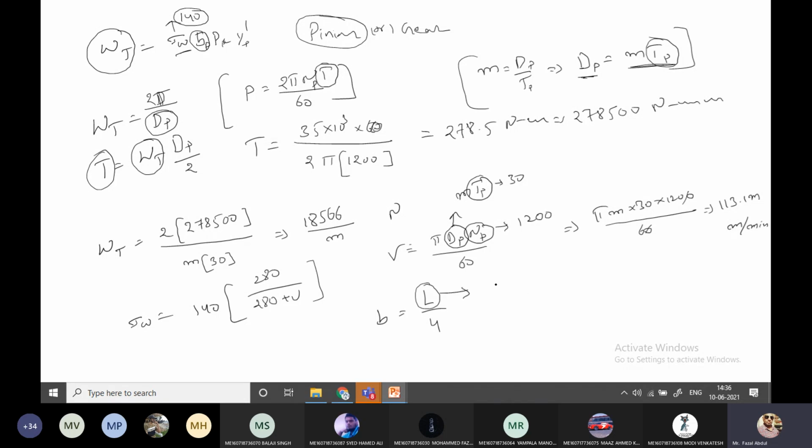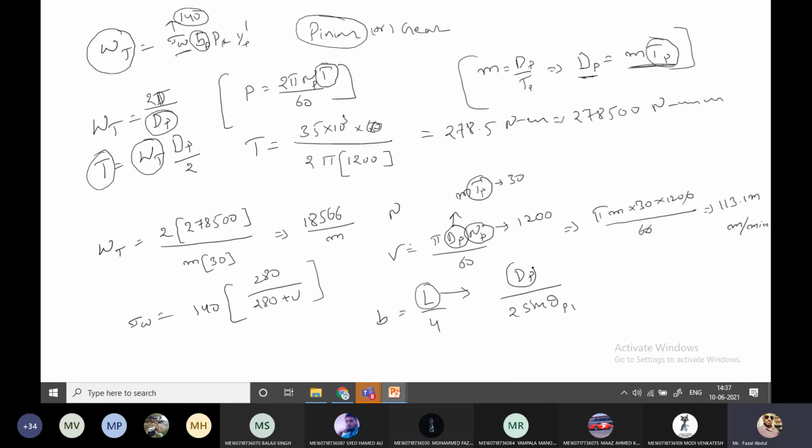To get this value, we have one relation. This Lewis equation we are applying to the pinion, so the pinion equation I am taking: dp by 2 into sine theta p1, where theta p1 is the pitch angle for the pinion.